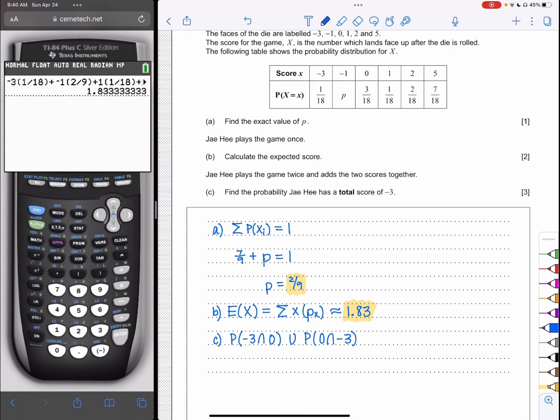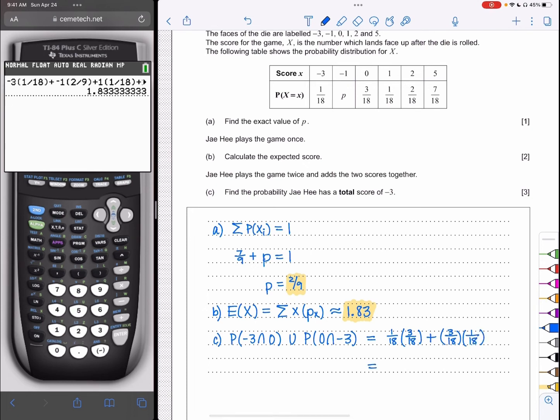So this is going to be equal to the probability of getting a -3, which is 1 over 18. And that means multiply. We're going to have the probability of getting a 0, which is 3 over 18. Or add the probability of getting a 0, which is 3 over 18, and the probability of getting a -3, which is 1 over 18.